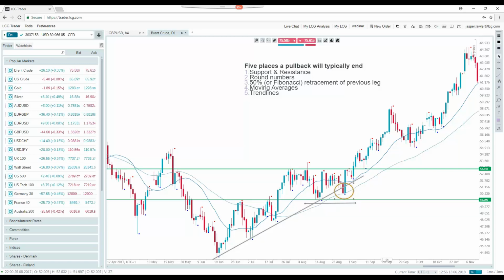So if the pullback comes down and makes a lower low, okay, maybe it's not an uptrend, maybe you don't want to be buying. That would be a sensible place to put your stop loss, down here below that previous low.